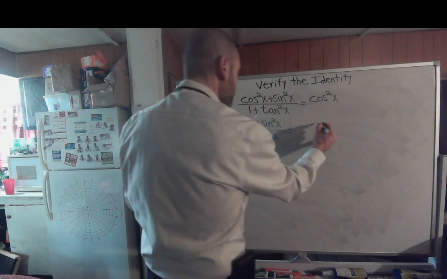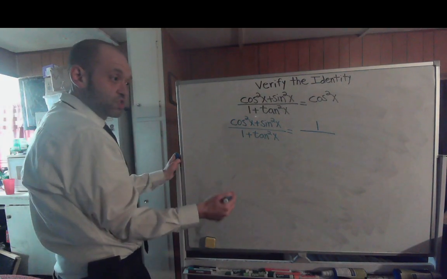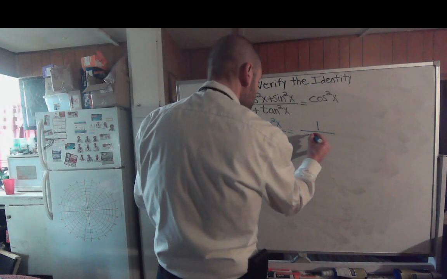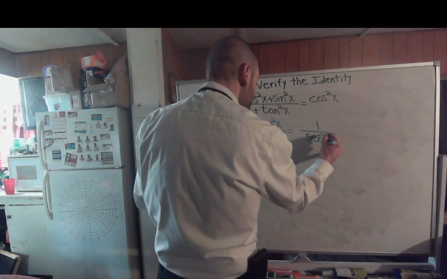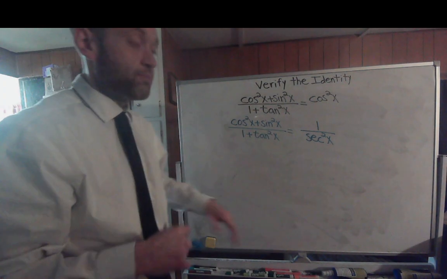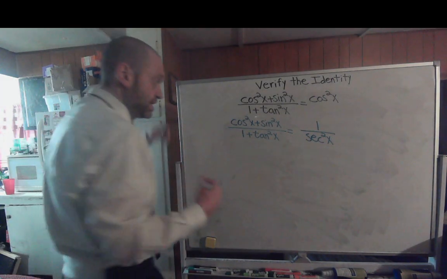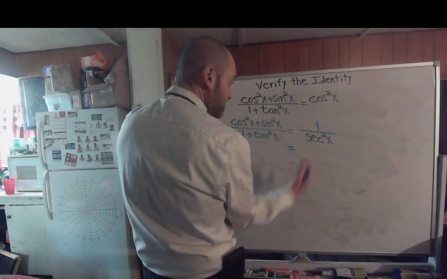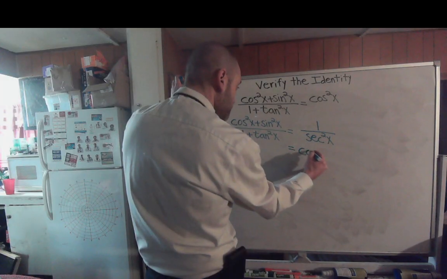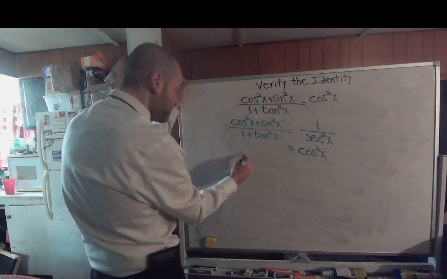That's just 1, right? All over, what's 1 plus tangent squared of x? That's the secant squared of x. Now, just like secant's the reciprocal of cosine, cosine's the reciprocal of secant. So 1 over secant squared of x would give you cosine squared of x. And that's it.